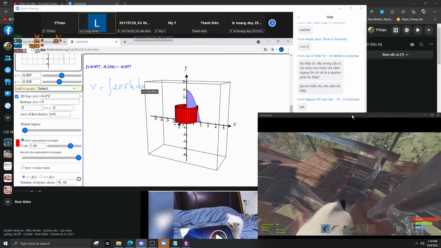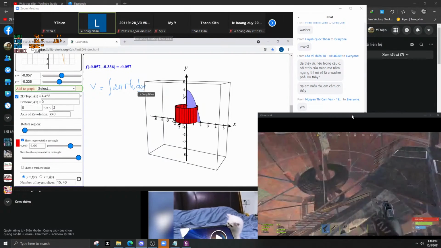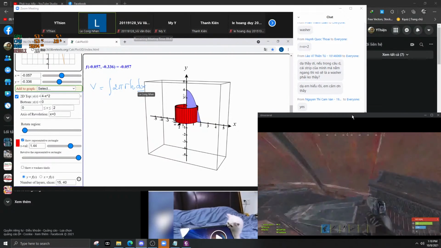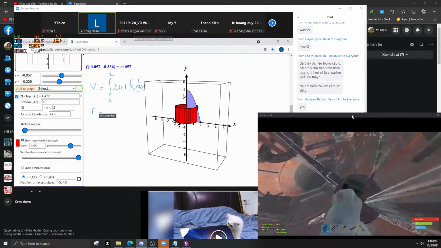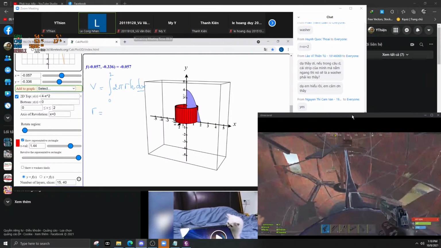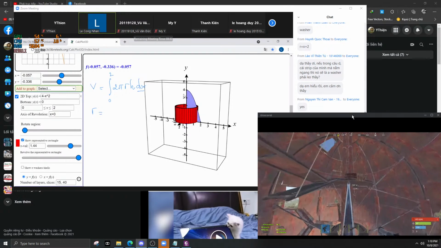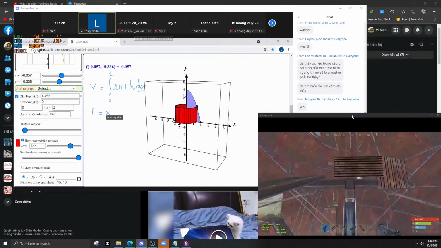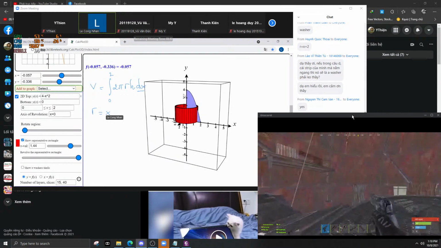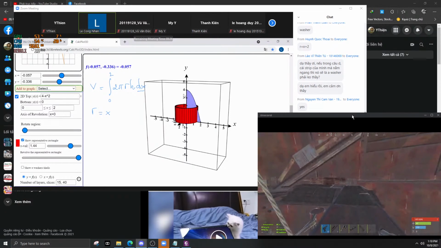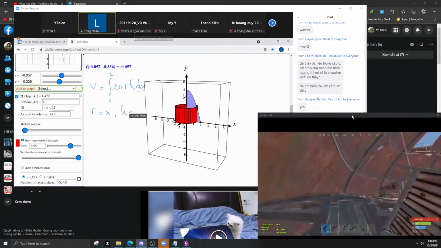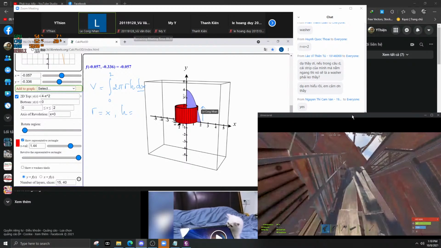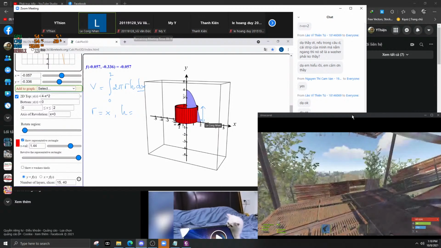That is a very small change in x, so we have dx, and x varies from 0 to 2, where the radius is the distance between the axis of revolution and the vertical rectangle. So we have the horizontal distance, which is x. What is the height? The height of the shell is the vertical distance, so we have y.